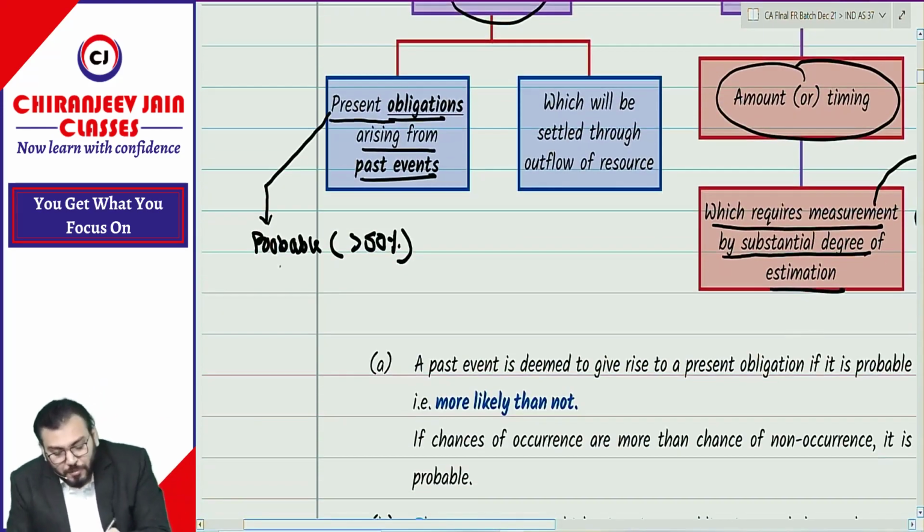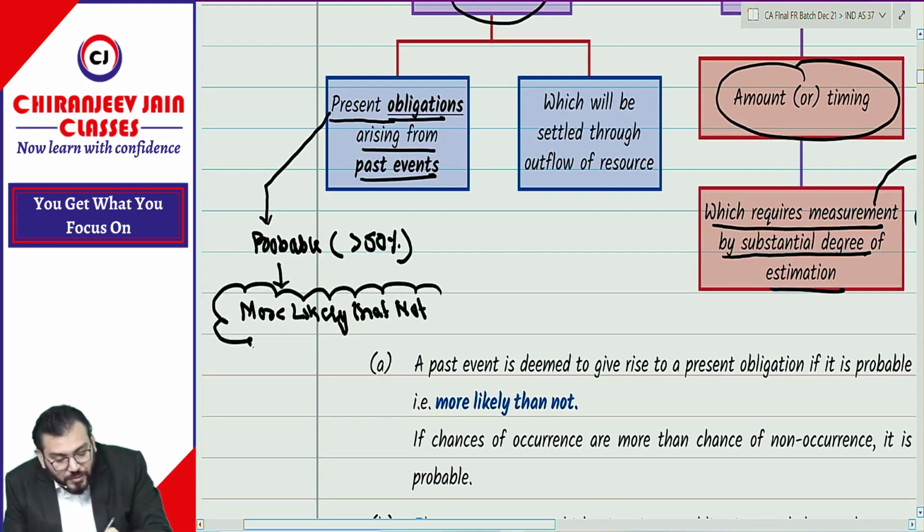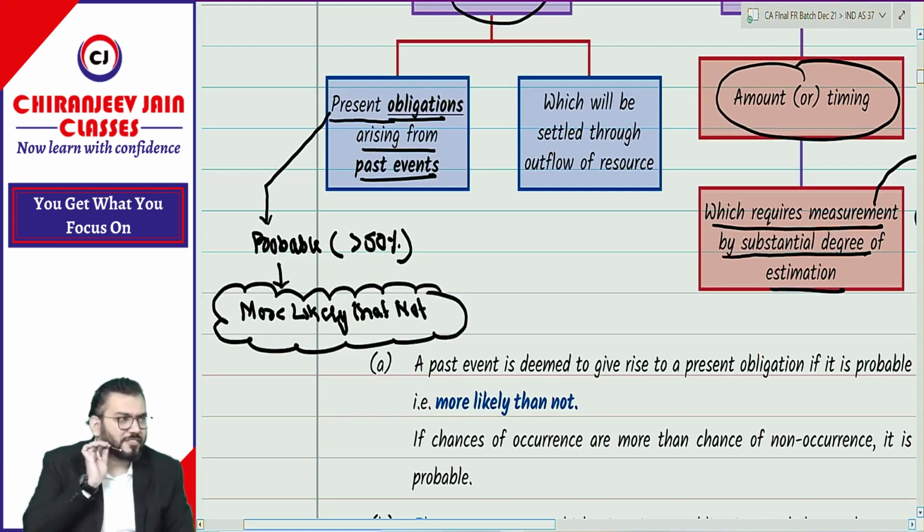When we say probable, probable means more likely than not. I think you know this term from AS 29. More likely than not means the chances of occurrence are more than non-occurrence.